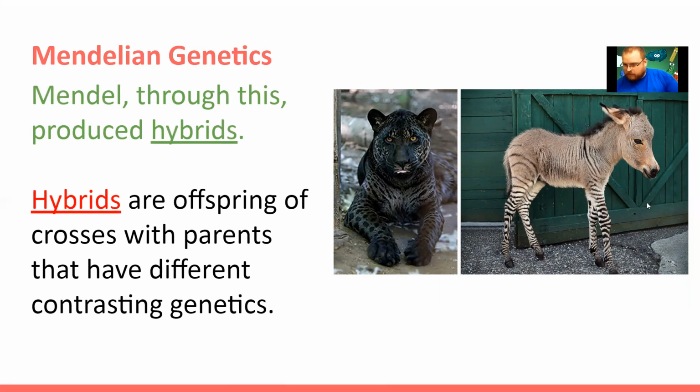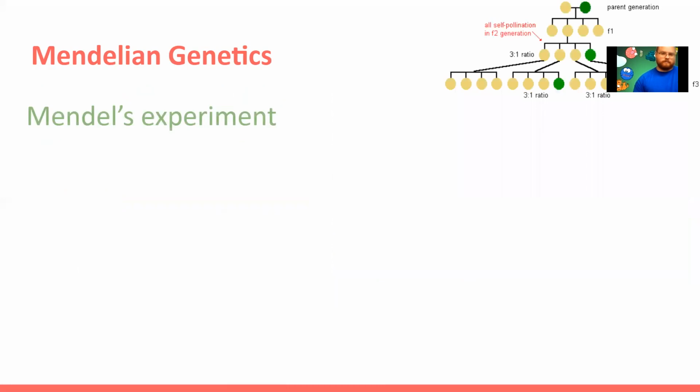And then we have a zebra and donkey, which has the beautiful, beautiful name of Zonkey. These are just things that have two totally different characteristics that contrast with one another. For instance, the donkey's usually brown and gray fur, coupled with the zebra's stripes.